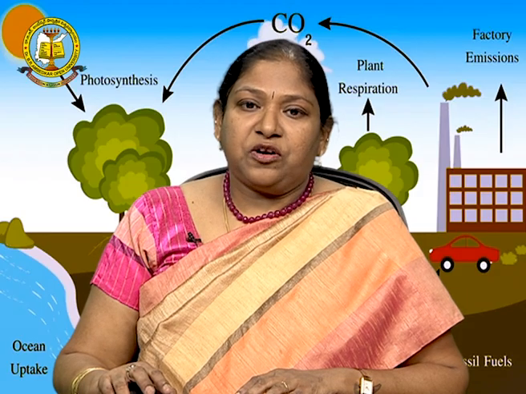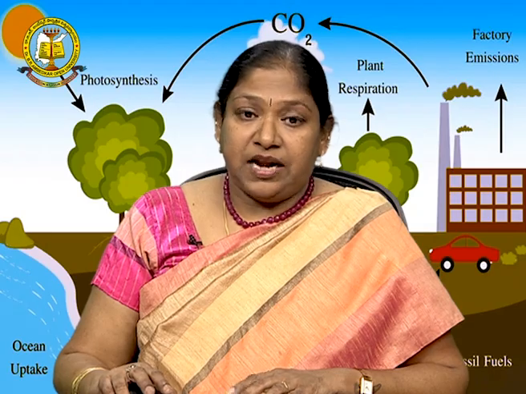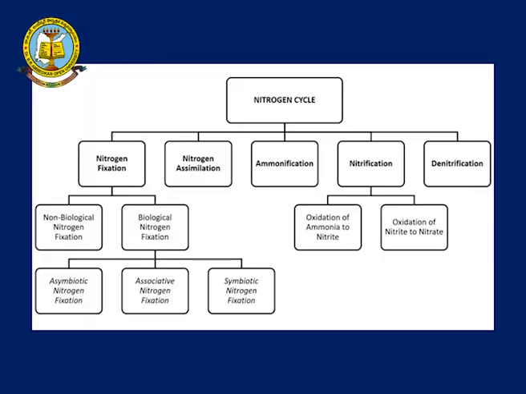So, basically the nitrogen cycle has 5 steps: nitrogen fixation, nitrogen assimilation, ammonification, nitrification and denitrification. In this, nitrogen fixation is again of 2 types. One is the non-biological method, the second one is biological nitrogen fixation.